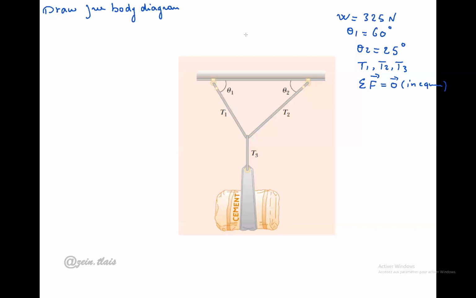Let's say here we have this cord. Here we have T1 and T1, the same magnitude, like this. Here we have T2 and T2. And at this point here we have T3.